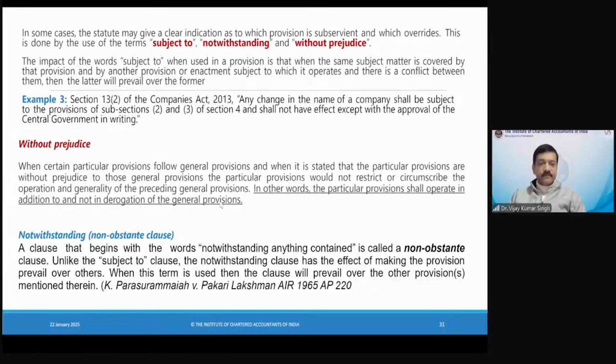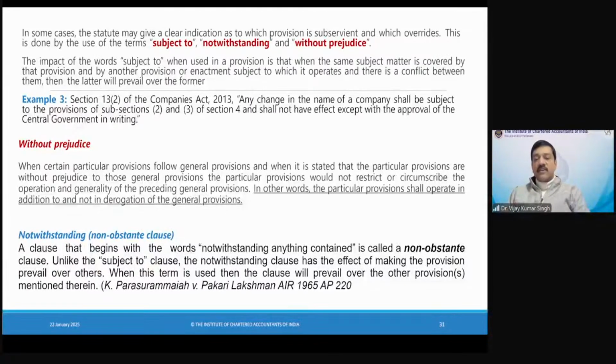Now, notwithstanding is a word which you will find many a time, and it is called a non-obstante clause. It basically begins with the words notwithstanding anything contained, and unlike the subject to clause, the notwithstanding clause has the effect of making the provision prevail over others.